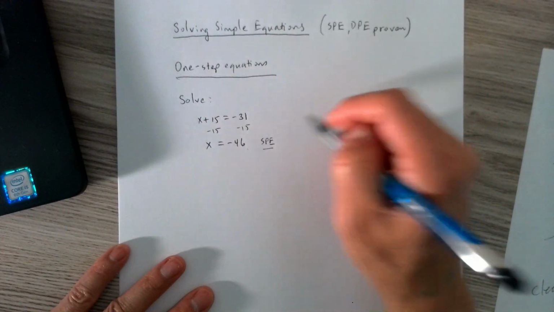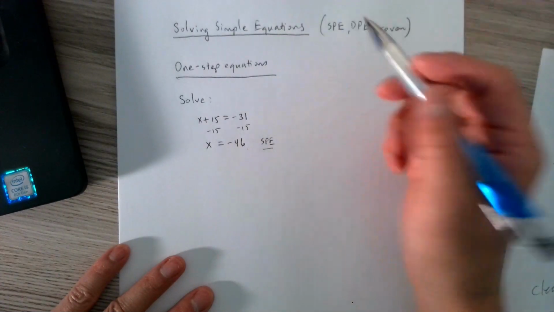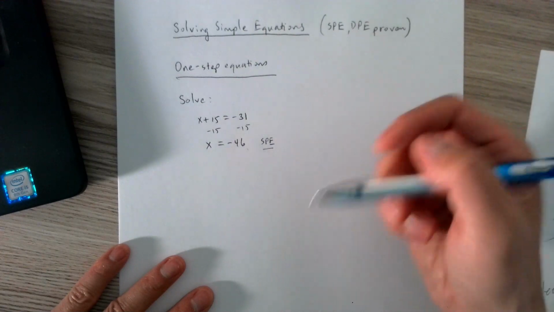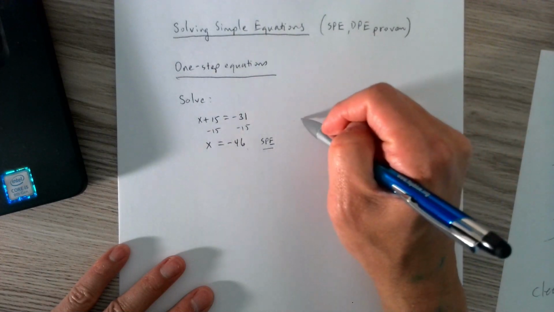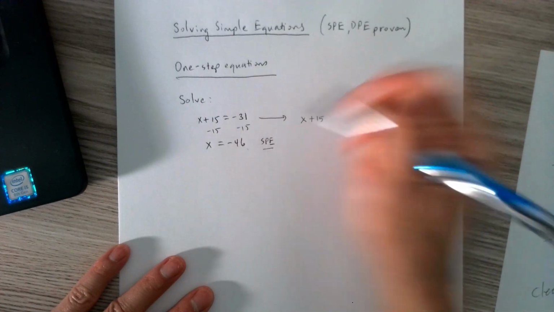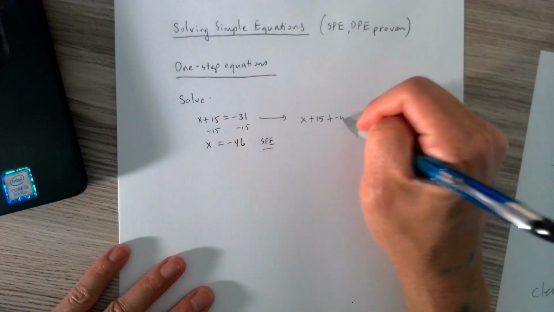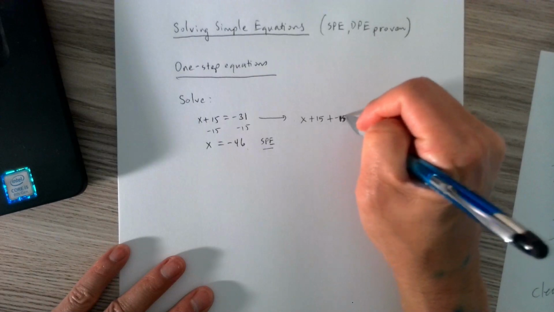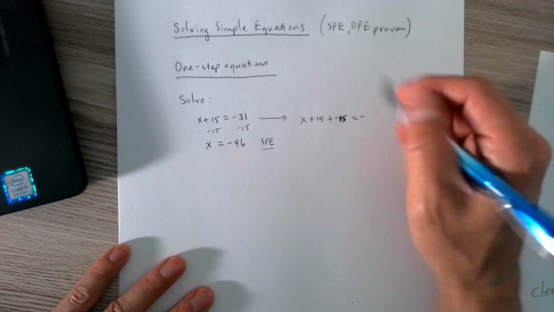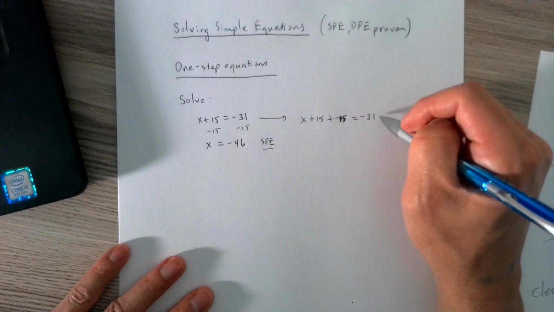But what's really going on here? Since SPE was derived from APE, addition property of equality, this is really what's going on. So from here, what I'm really doing is adding negative 15, because we all know subtraction does not exist, right? It's really addition of negatives.